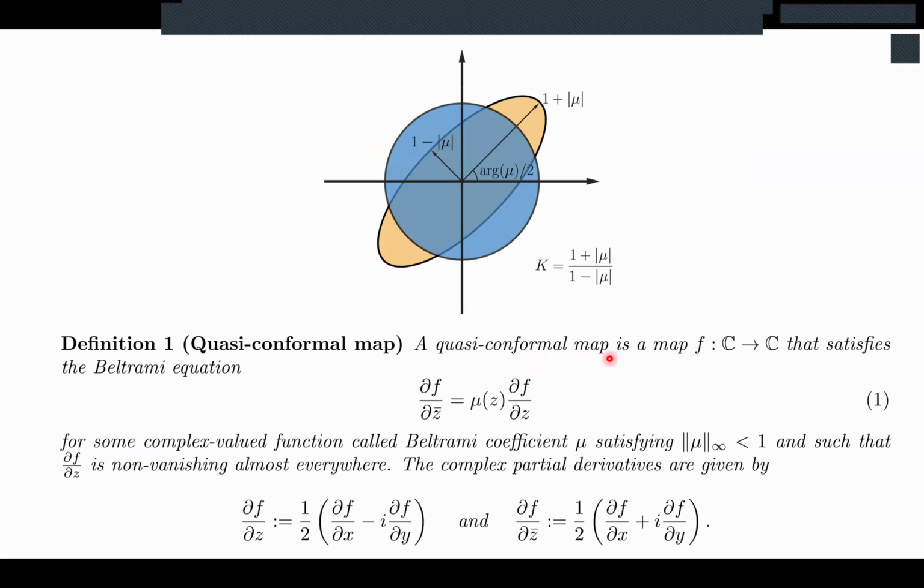So how can we determine if a mapping is quasi-conformal? For a mapping F, we can use these differential equations to calculate the Beltrami coefficient, which is just this mu.